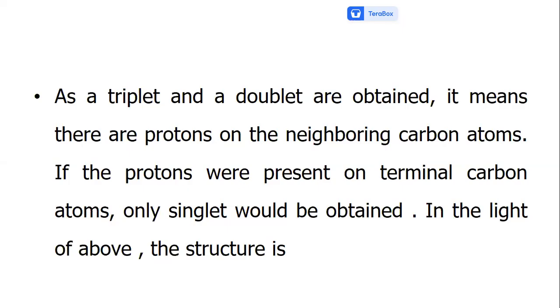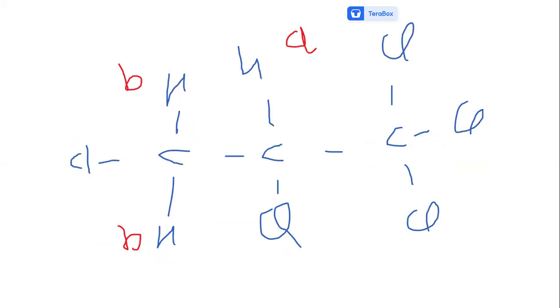If the protons were present on the terminal carbon atoms, only a singlet would be obtained. In the light of the above, the structure is CH2Cl, CHCl, CH2Cl, with 2 types of protons.